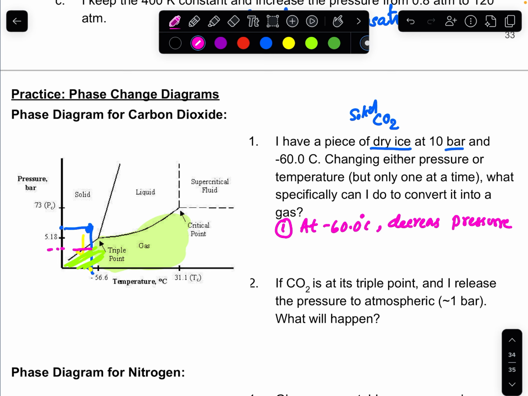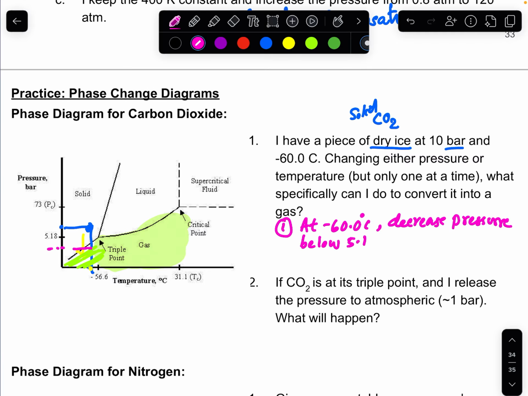I think that will be like lowering the pressure. You don't need to write the value because the scales are off. So we can say decrease the pressure below 5.18, or maybe 4.18. Let's go like that.